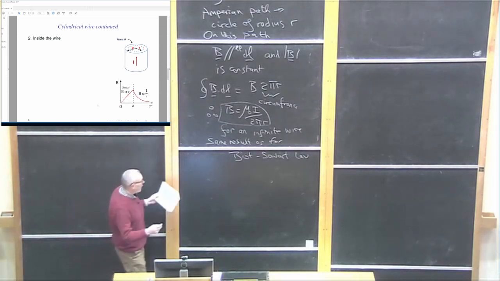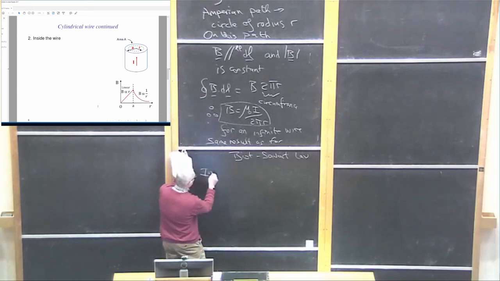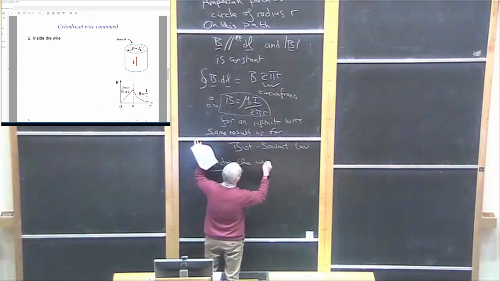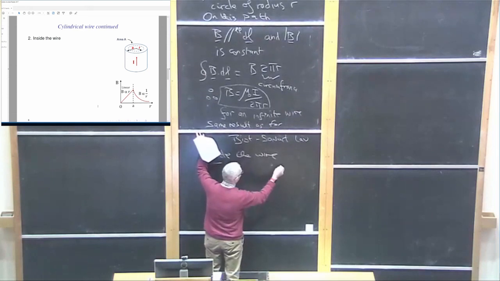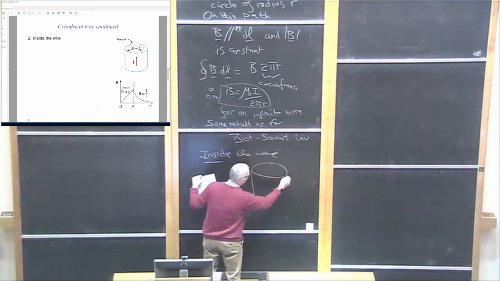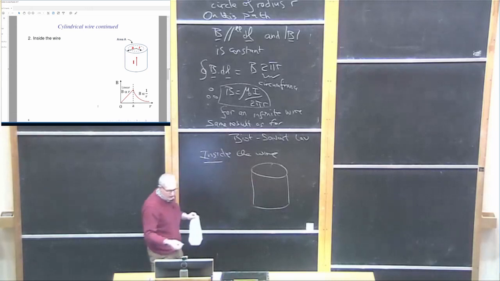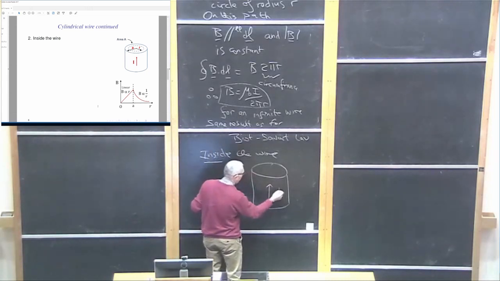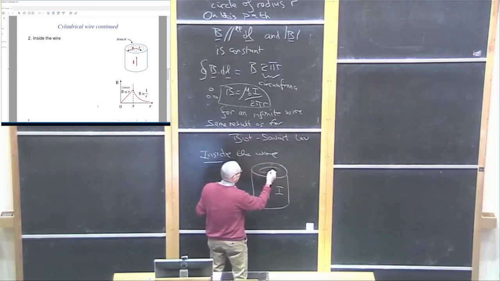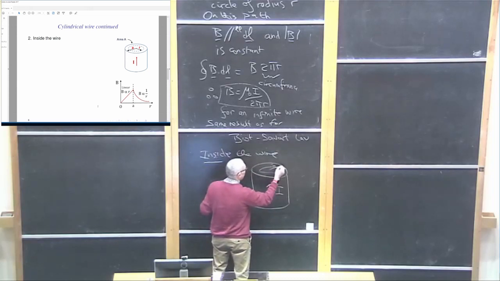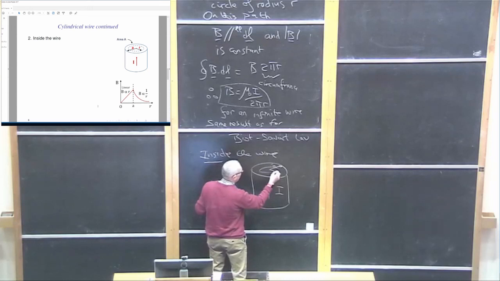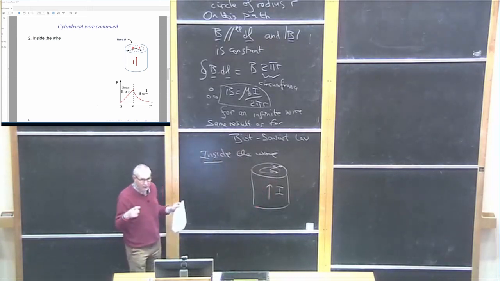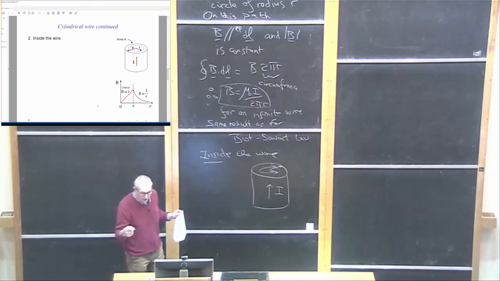So now what happens inside the wire? Inside the wire I assume a finite thickness. The current I is flowing through it, the radius of the wire is A, and I'm going to calculate the field at a distance, the radius r.